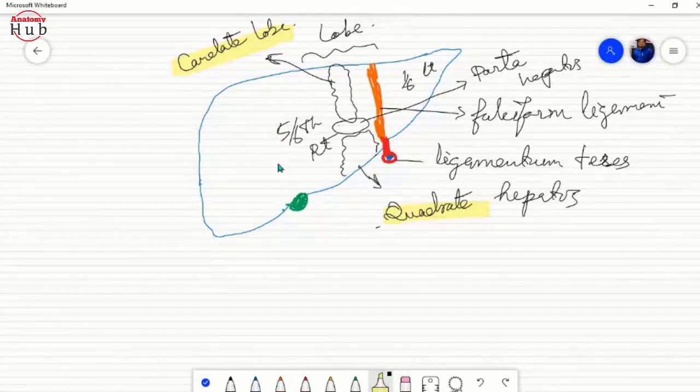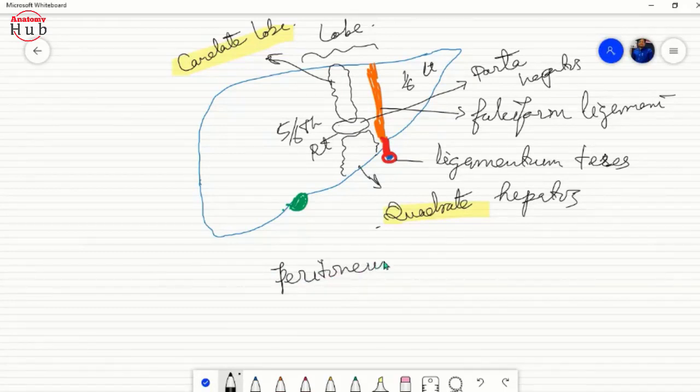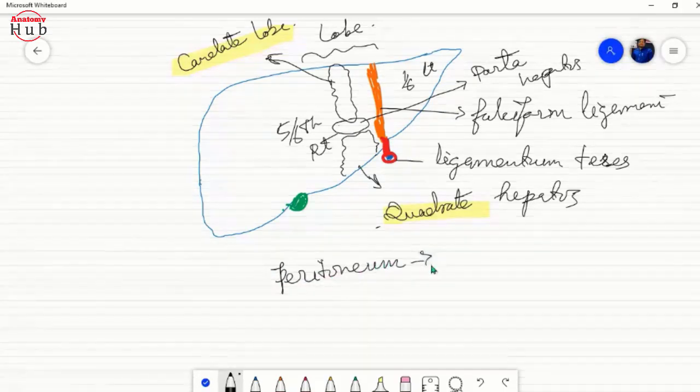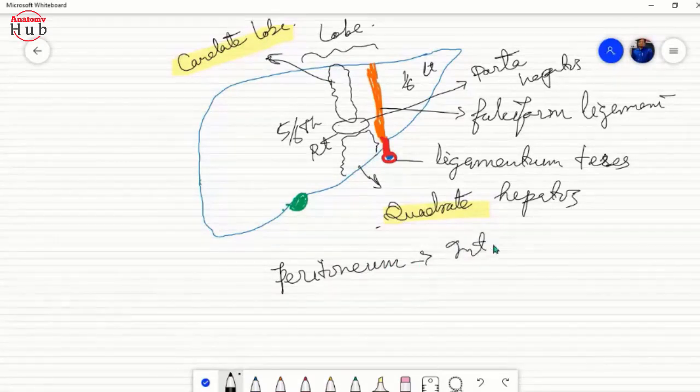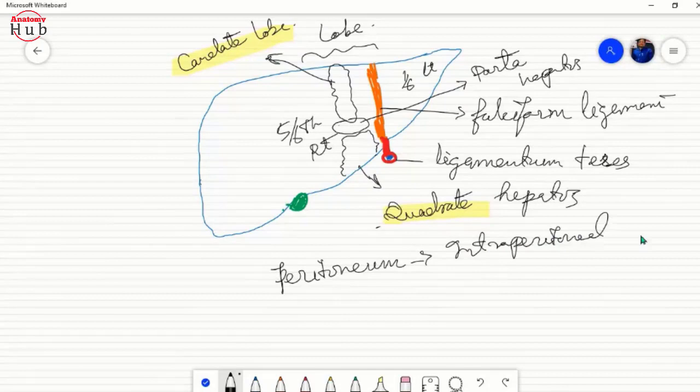Fine. Now, most of the liver is covered by the peritoneum, that you know. So that's why the liver is an intraperitoneal organ.